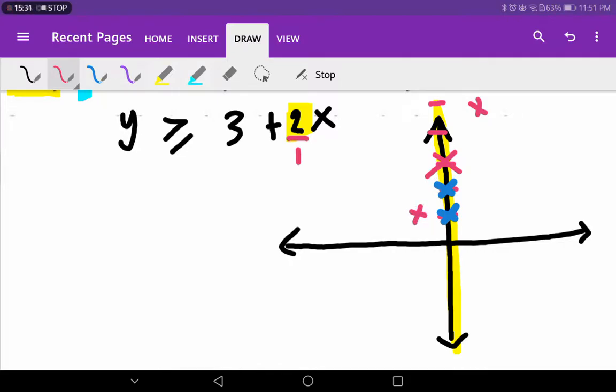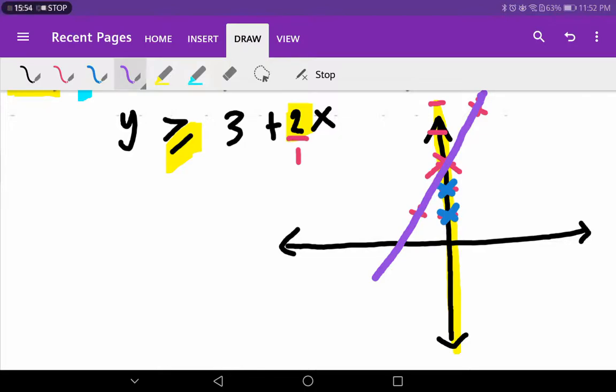Yes, it is good. Now you have an equal sign, so I will connect the 3 points here by a solid line, and I come back to the equation and I will read it correctly.